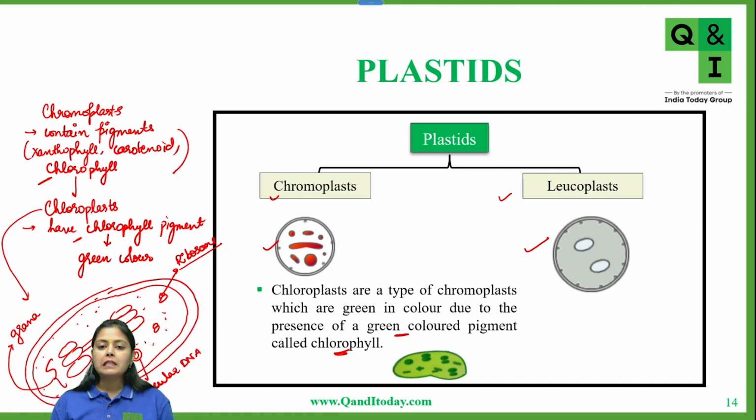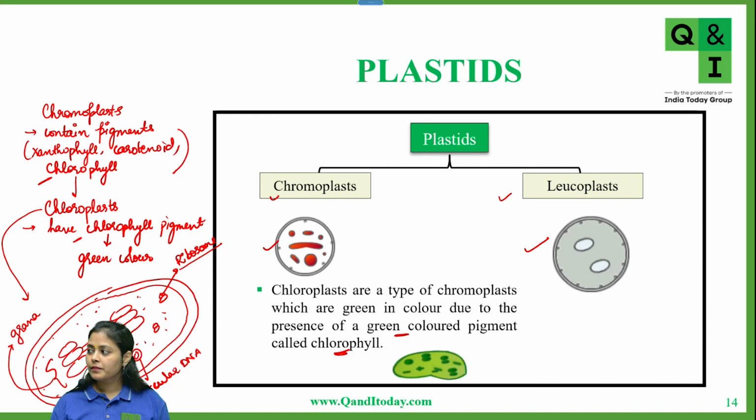Chloroplasts' primary pigment is chlorophyll, yet in small amounts they can contain other pigments as well. But to avoid confusion at this stage, we always say that the main pigment of the chloroplast will always be chlorophyll. If other pigments dominate over chlorophyll, then obviously the plant will not be green. The plant will be differently colored based on the color of xanthophylls or carotenoids. Got it?